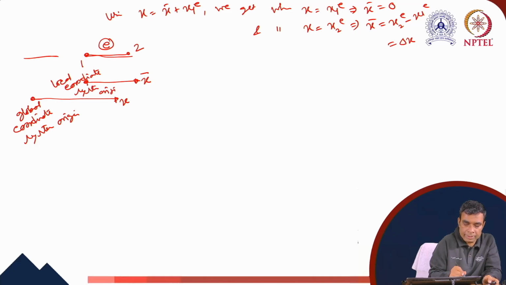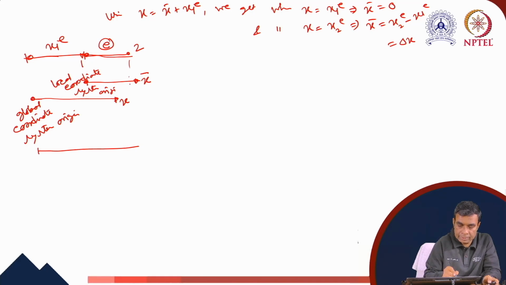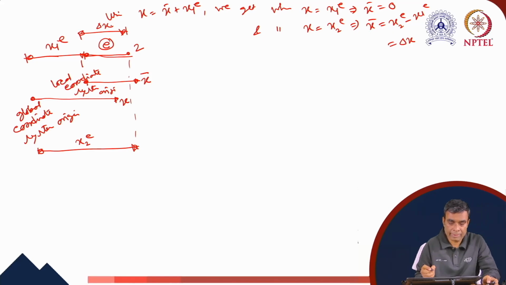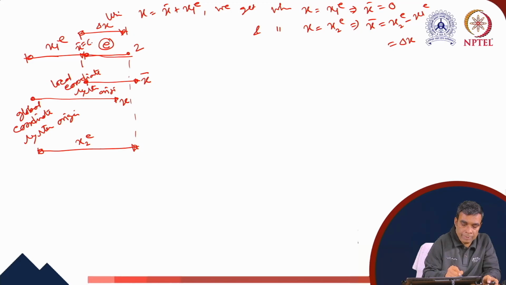So this distance is x1e, and this distance is x2e, and this mesh size is delta x. So for local node 1, x bar equals 0. For local node 2, x bar equals delta x.